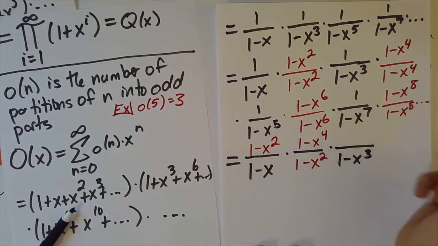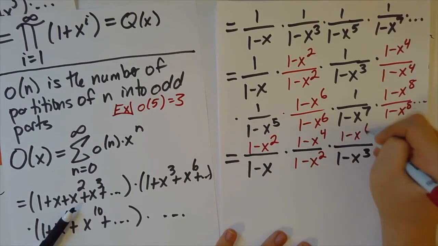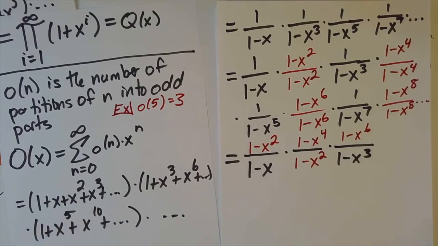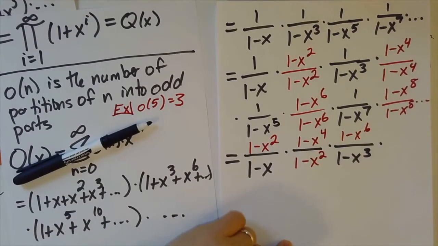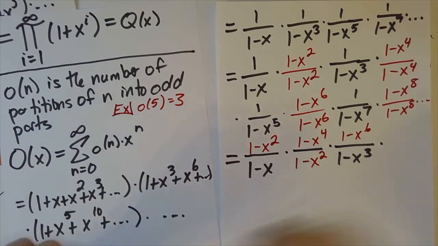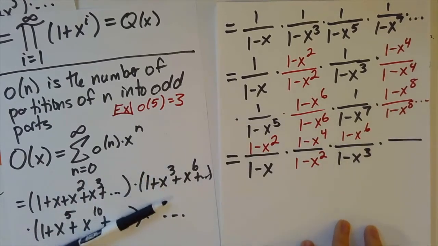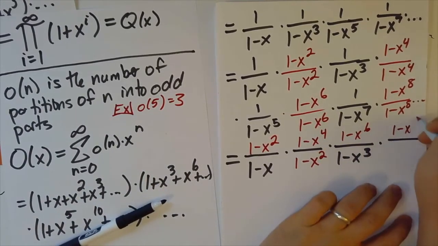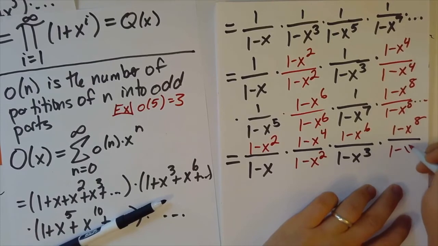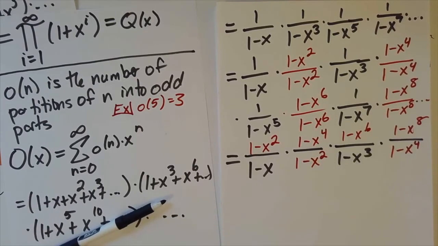My next numerator is a 1 minus x to the 6th times, and then so 1 minus x to the 8th, 1 minus x to the 4th from before, and so on.